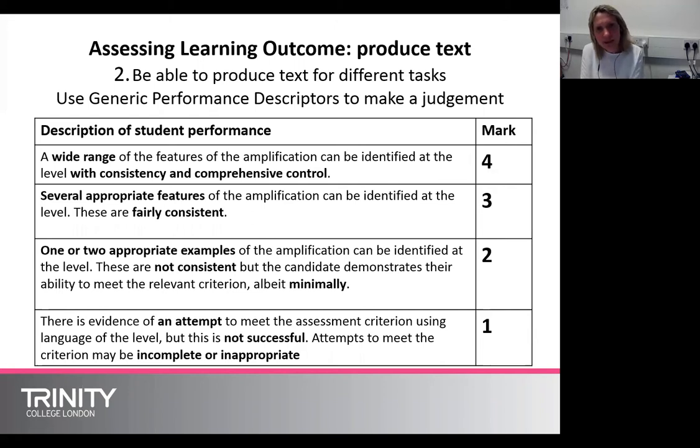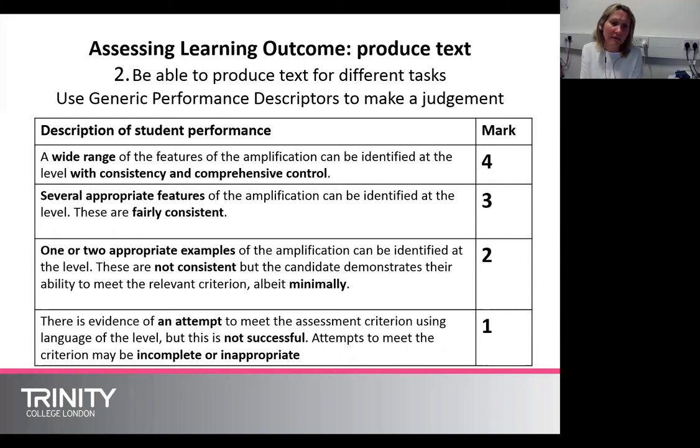If they demonstrated several appropriate features, and these are fairly consistent, that candidate would be awarded 3 marks. If there is 1 or 2 appropriate examples, then it might not be consistent, but it's minimally met, demonstrated. That candidate would get 2 marks for that assessment criterion.